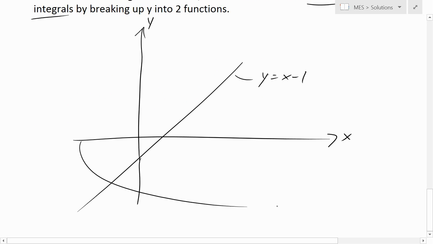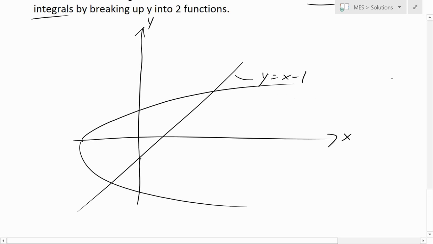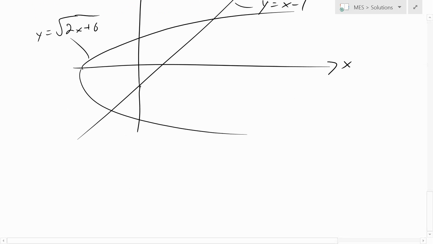And now we have our parabola like this, it goes something like that. Now we'll have two regions, because this part is y equals the square root of 2x plus 6. And this side right here is y equals negative square root of 2x plus 6.